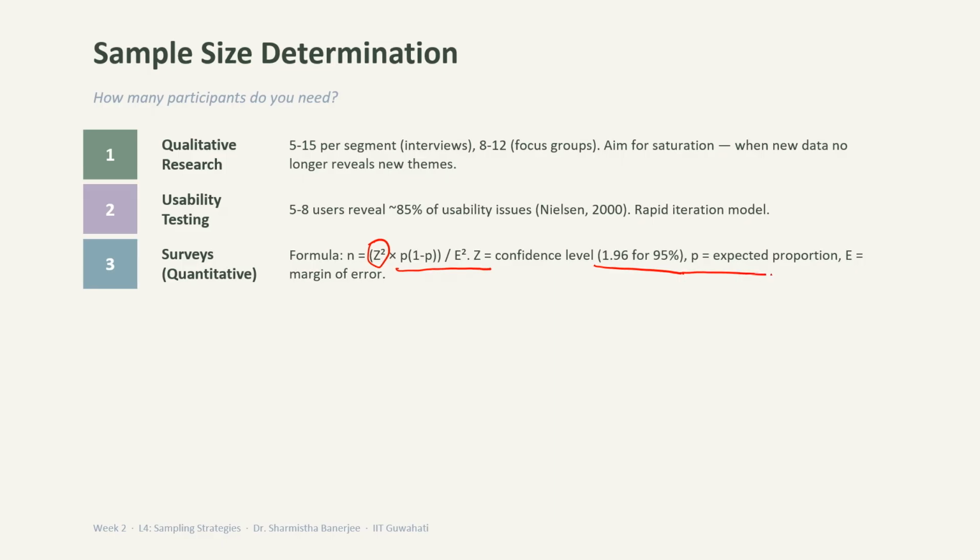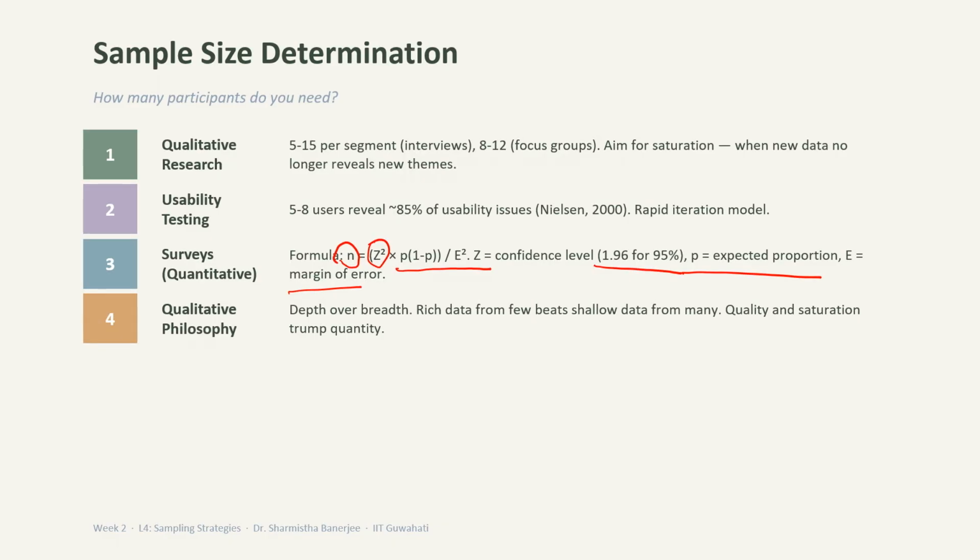Then p is the expected proportion, e is the margin of error. By using this formula, n will give me the number of participants that I need to recruit. Now this is again a ballpark value. We will also check when we go into statistical methods. There are more methods to calculate the right number of people that you require for a quantitative analysis.